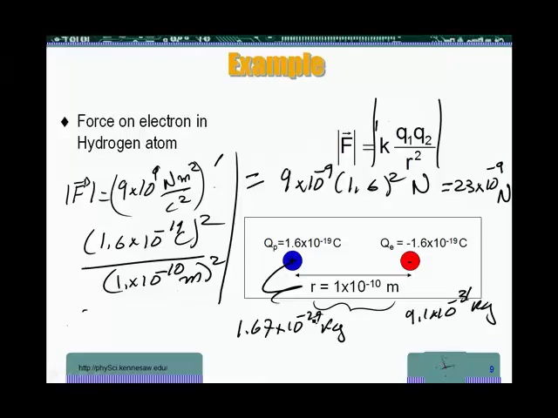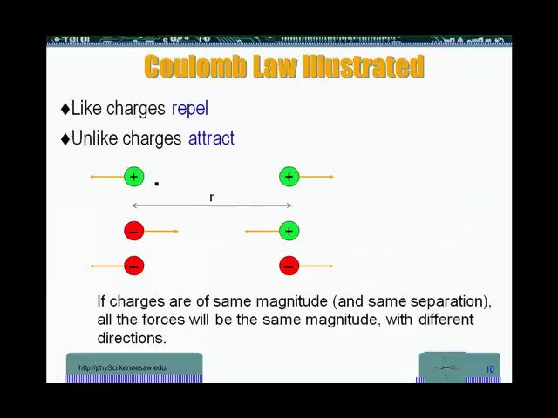Just notice in here we have 10 to the minus 27 and 10 to the minus 31. That gets us an exponent that's quite bigger here, and then we have a smaller constant for G, so we'll end up having a force much smaller than that.